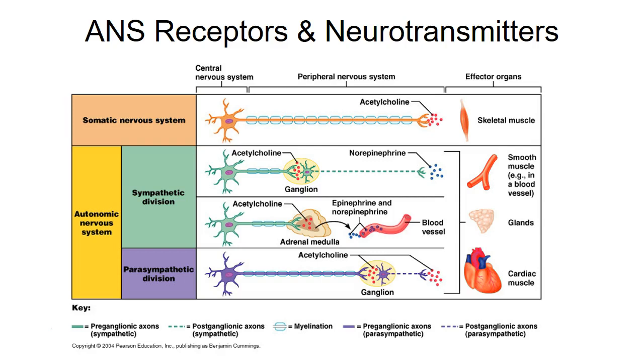Now, if you look at all the neurotransmitters that are being released, what is the most common one that you see up there? Acetylcholine, right? So it turns out, this is a gross oversimplification, but this is as far as the depth we're going to go into. All of this communication between effectors and neurons is acetylcholine for the autonomic nervous system, except for which division? So where do we see something other than acetylcholine?